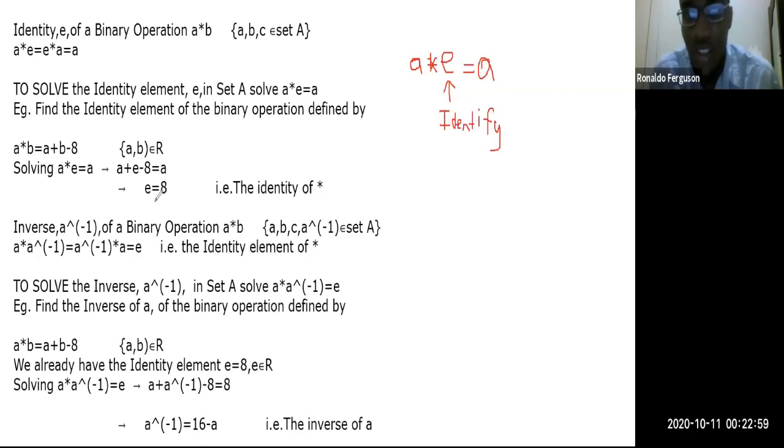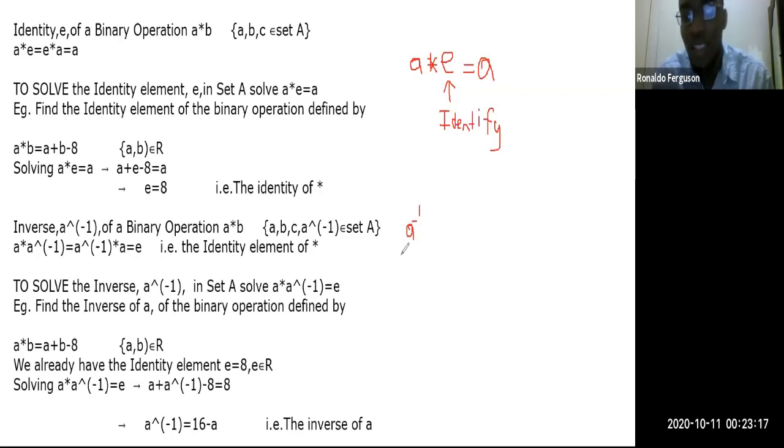Now the inverse. The inverse of a binary operation, often written as A to the minus 1. The inverse is whenever we have some number A and it undergoes a binary operation star, the result is the identity.